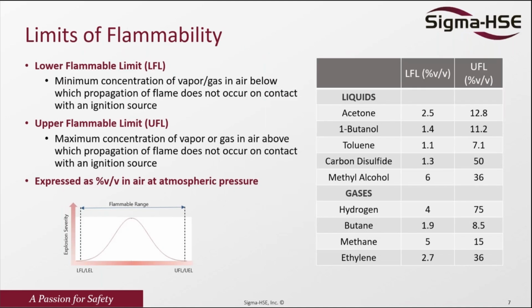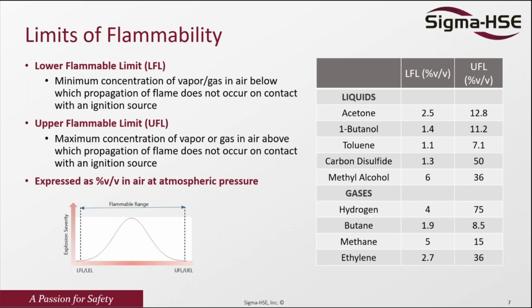What about the flammability limit? Every material has a range in which it ignites. If I have acetone, I have a range. The lowest concentration at which flame can be sustained is called the lower flammability limit. And the upper, the highest concentration at which this material can actually sustain flame combustion, is termed the upper flammability limit.